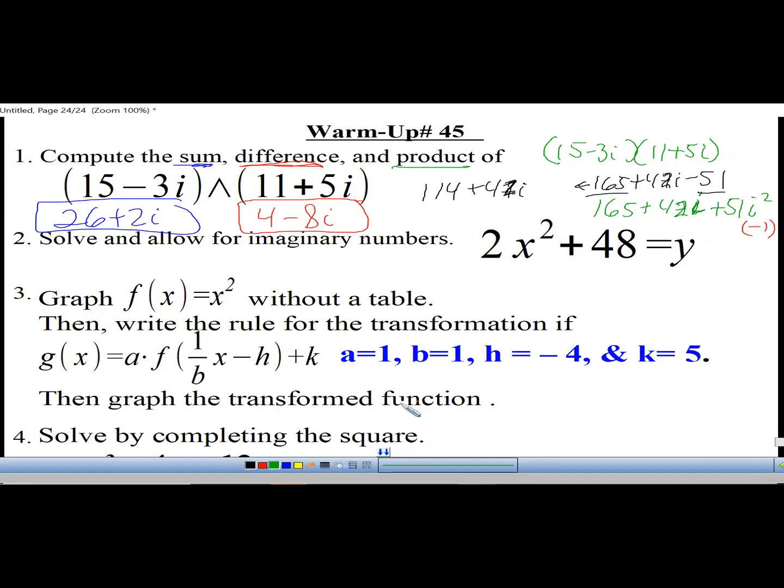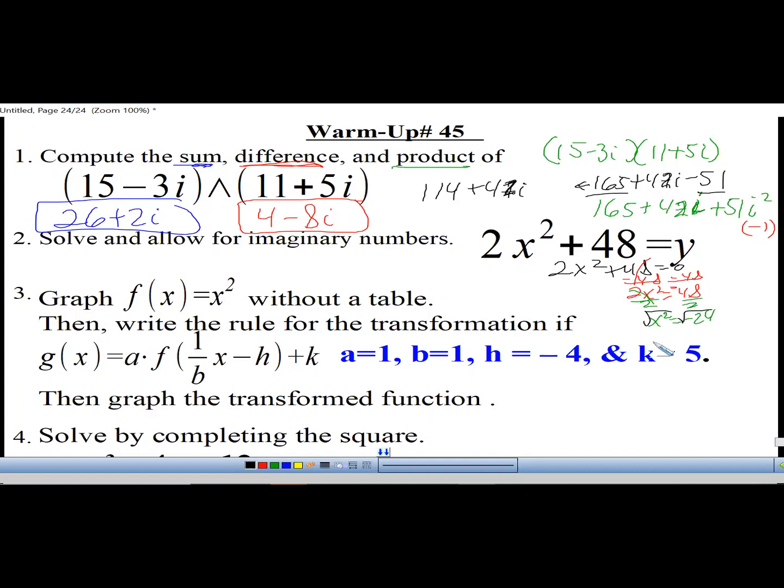Number 2, solve. Set it equal to 0. We got 2x squared plus 48 equal to 0. I'm going to use square roots. So I need to get rid of the 48. I subtract 48. I end up with 2x squared equals negative 48. From there, we divide by 2. That leaves us with x squared equals negative 24. And last but not least, square root.